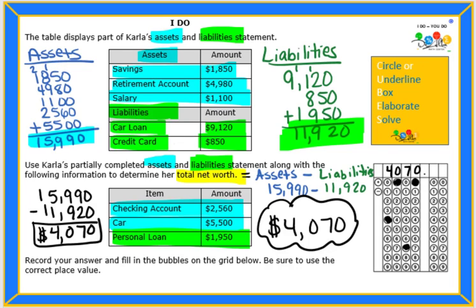Now, before I close this off, I want to talk about a question I see some people asking: why is there a car loan that's a liability, and then the car is there and it has a positive value or is an asset? Sometimes when we buy a car, we have to take a big car loan to pay for it.